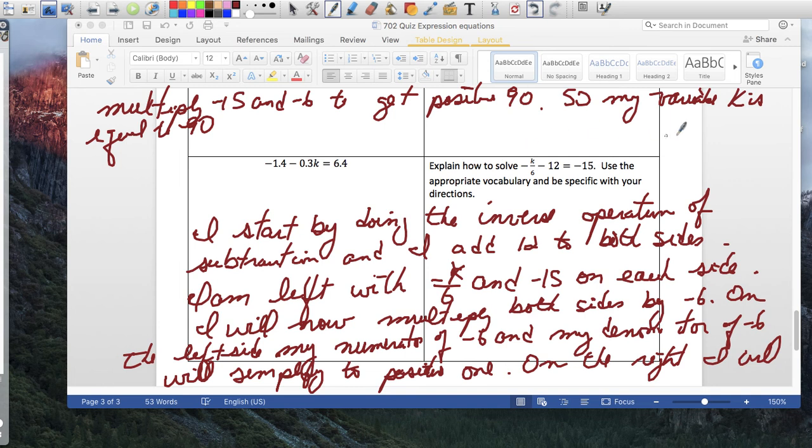Am I doing something wrong? So I might actually want to do this problem out. So I get plus 12, plus 12. Did I do plus 12 on both sides? Oh, I forgot. So this is k over 6, and this is not negative 15. So if I do plus 12, I'm left with negative 3. I have to change that on each side, right?